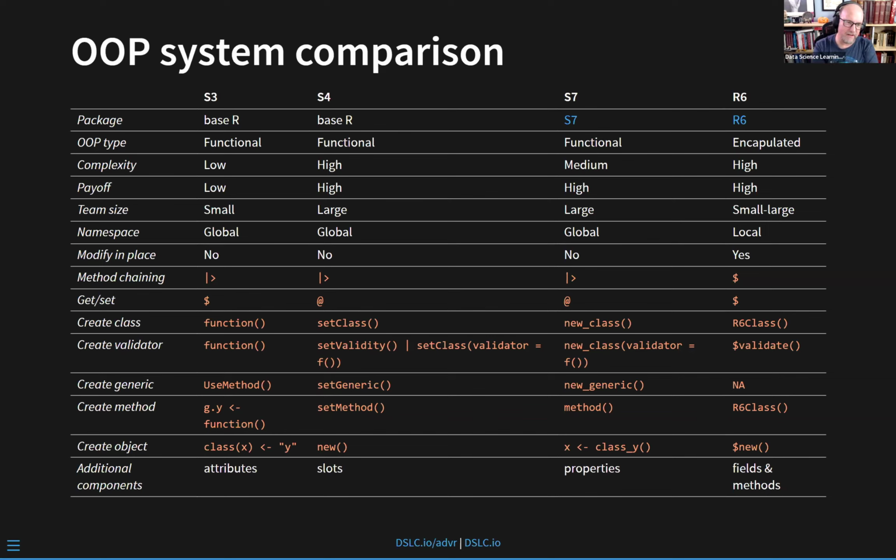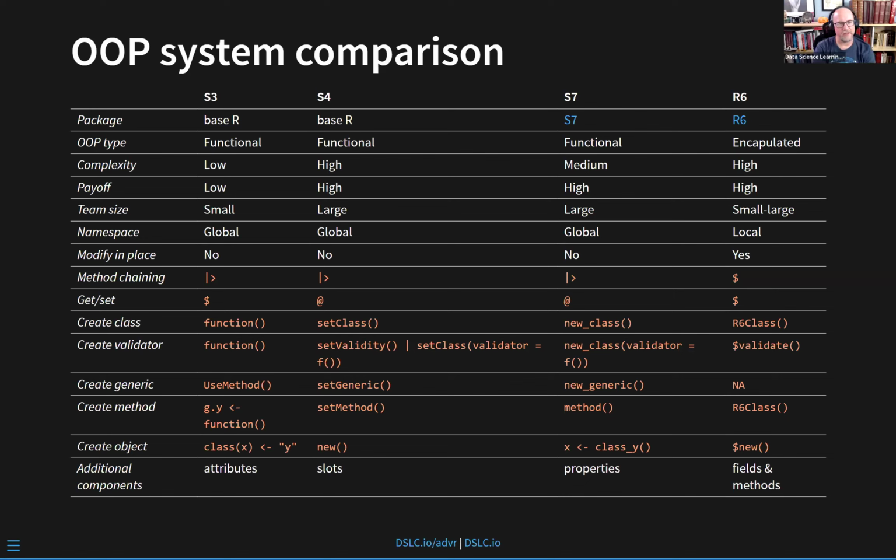Something that I didn't get into in here, but with the calculated properties in S7, you can have some encapsulation. And actually, I'm sure with environments, you could turn S7 into an encapsulated OOP system.